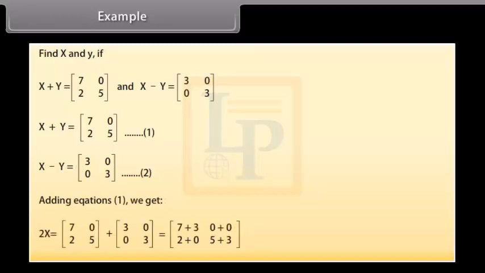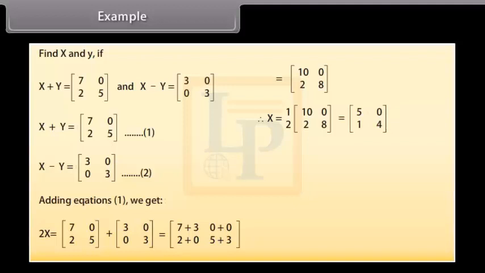Given X plus Y and X minus Y, mark them as 1 and 2. Now add equations 1 and 2, we get 2X is equal to the matrix: first row 10 0, second row 2 8. Therefore, X is equal to the matrix: first row 5 0, second row 1 4.